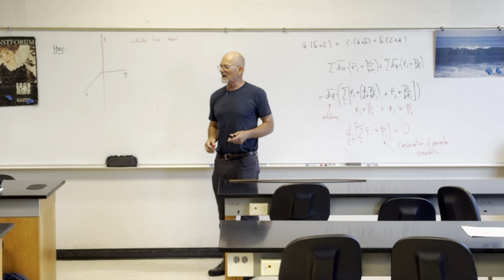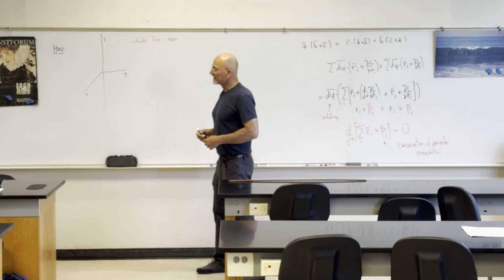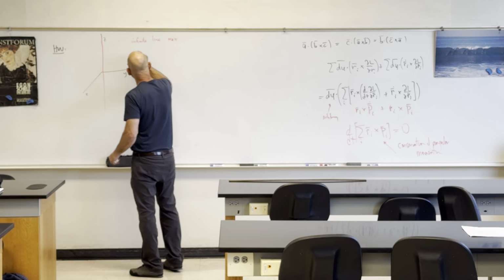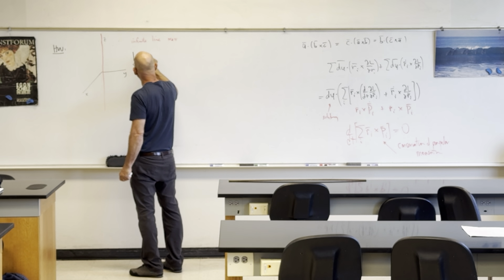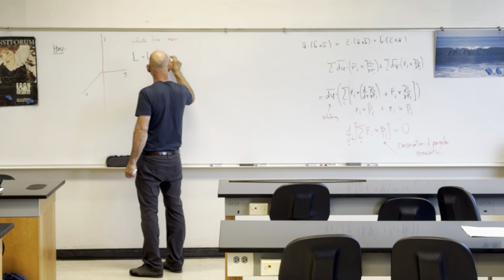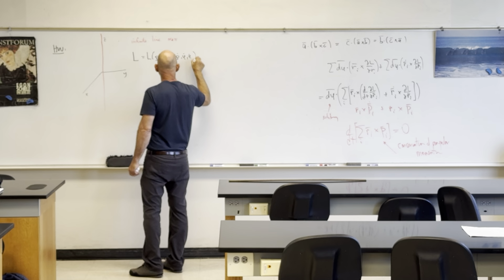When you're doing Gauss's law, that kind of thing. So what coordinate system would you choose? Cylindrical, right? So immediately we say L equal to L of rho, phi, and z, rho dot, phi dot, z dot.